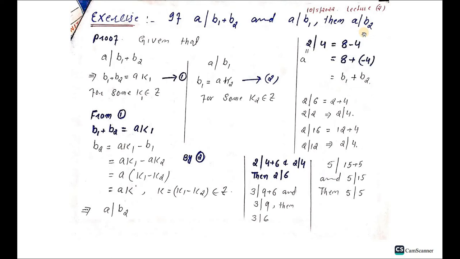I think we have already proved this, there is nothing special in it, but let us read it. Here a divides this sum, so from this we can write this equation for some k1 belonging to Z. Here a divides b1, so from this we can write this equation for some integer k2. Now we transpose b1 and put the value of b1 here, and take a common. So b2 is equal to this one. Since k1 and k2 are integers, their difference is an integer, hence replace this by an integer k. From this equation we can say a divides b2.